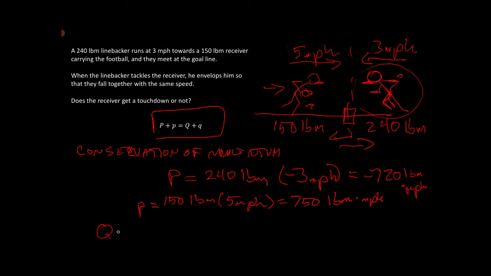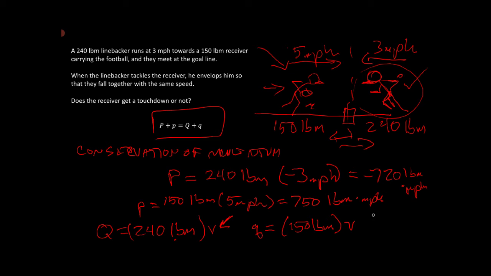And then for their final momenta, we know the masses. We have 240 pounds of mass for the linebacker, so his final momentum is 240 pounds of mass times the speed that we want to find. For the wide receiver, that is 150 pounds times the speed that we want to find.